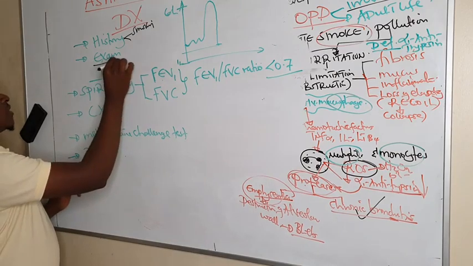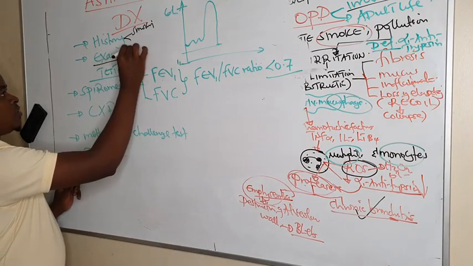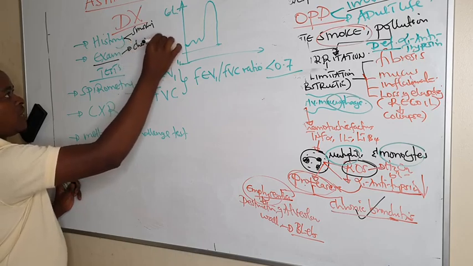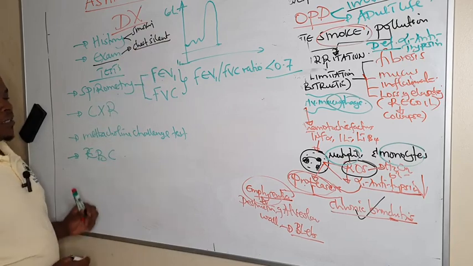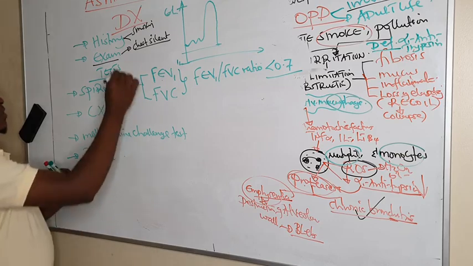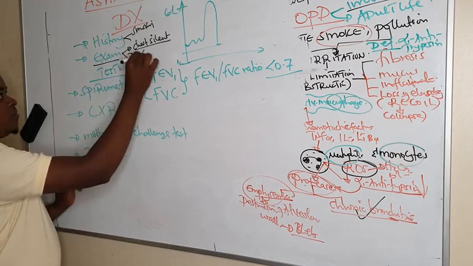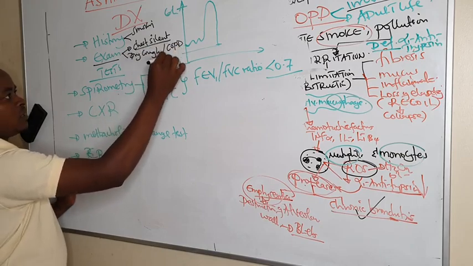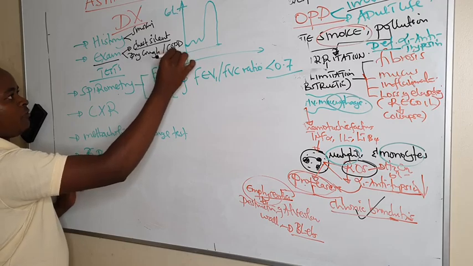On physical exam, there is a silent chest under asthma. And remember, there is always dry cough in asthma. But with COPD, there is productive cough.